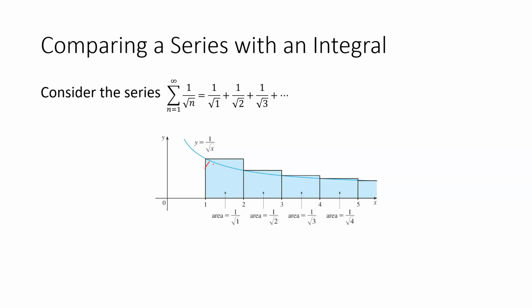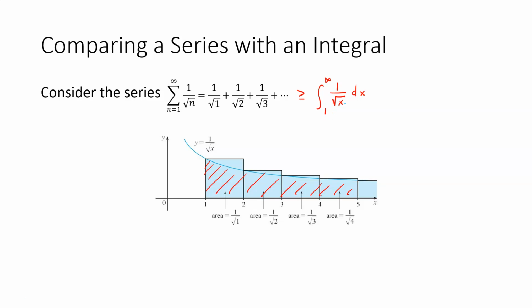So the area under the curve is smaller than the sum of these rectangles, and therefore the sum of the series would be greater than or equal to the integral from 1 to infinity of 1 over the square root of x.